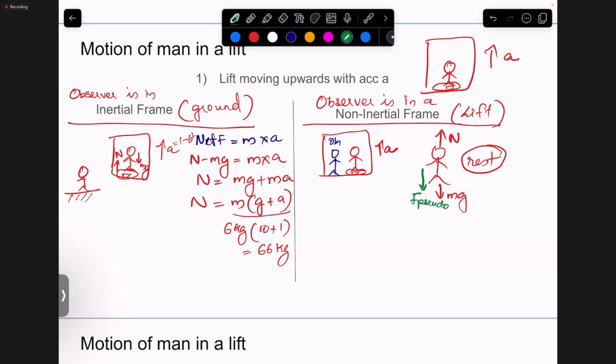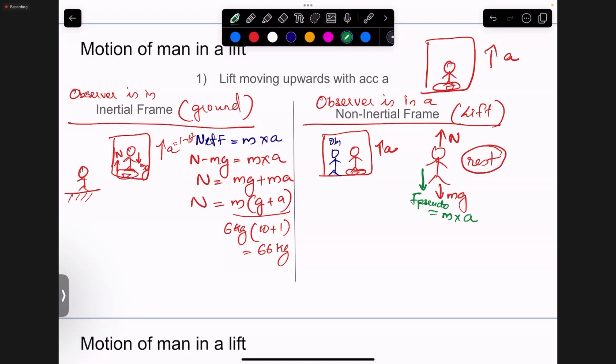This pseudo force will have a magnitude of mass times the acceleration of the frame of reference, and it will always act opposite to the direction of the acceleration of the frame of reference. So this ma will be acting downwards. That's how you calculate the normal reaction.